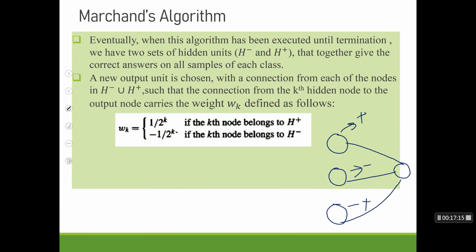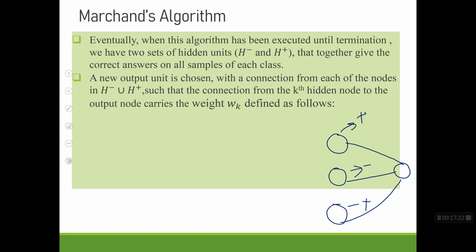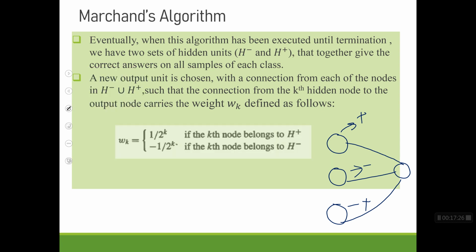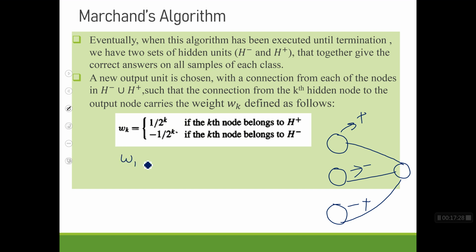So what this equation says is that omega k, so if I want omega 1, it will be omega 1. For the first one, it will be 1 upon 2 raised to k.